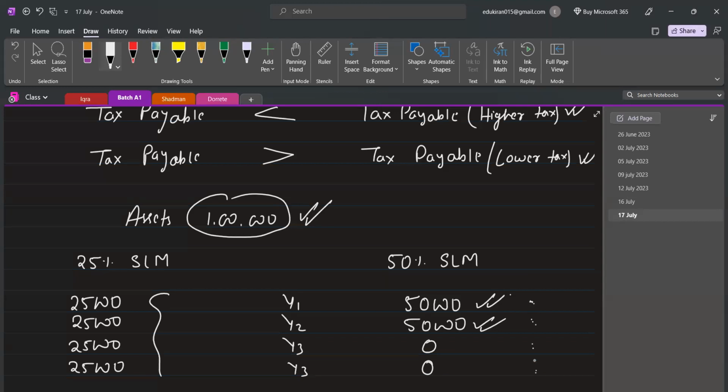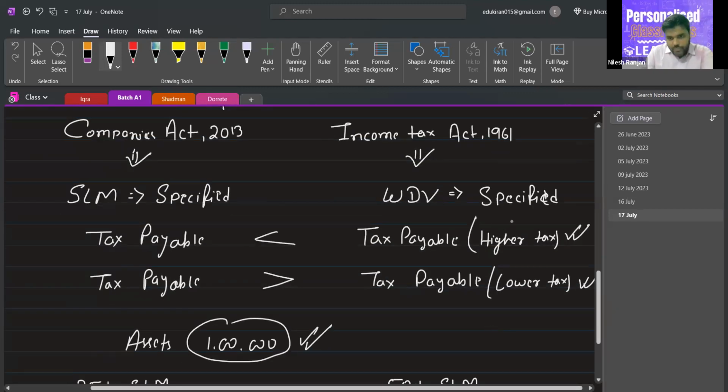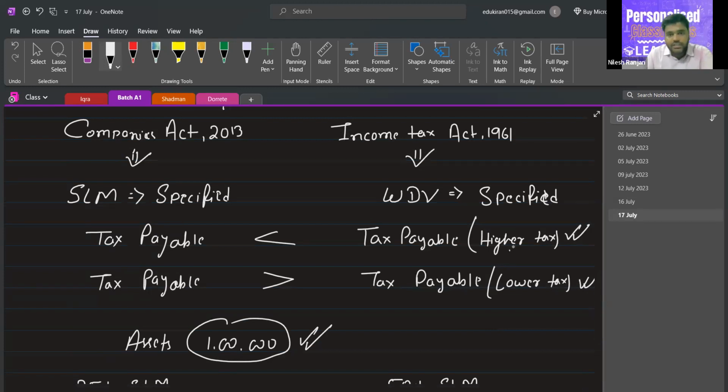Yes, sir. So it happens that tax payable in the beginning is higher, and it will become lower in future years. Just wait for a minute.